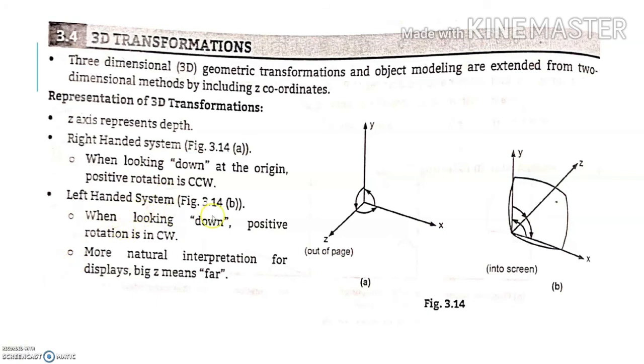In the left-handed system, in diagram B, you can see when looking down, positive rotation is CW, meaning clockwise. A more natural interpretation for displays is that big Z means far.